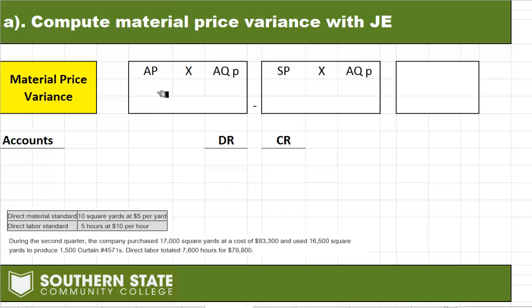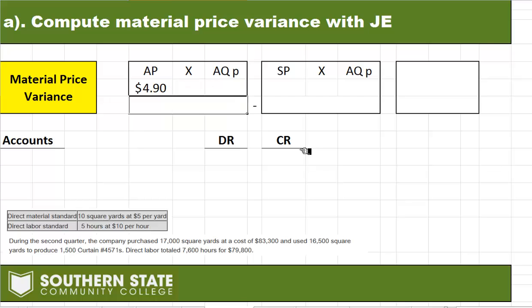The first item we need is our actual price, and the problem doesn't come right out and give it to you. We need an actual price per unit. It says during the quarter the company bought 17,000 yards at a cost of $83,300. So to get the actual price per unit, we take $83,300 and divide it by the 17,000 yards that we bought.